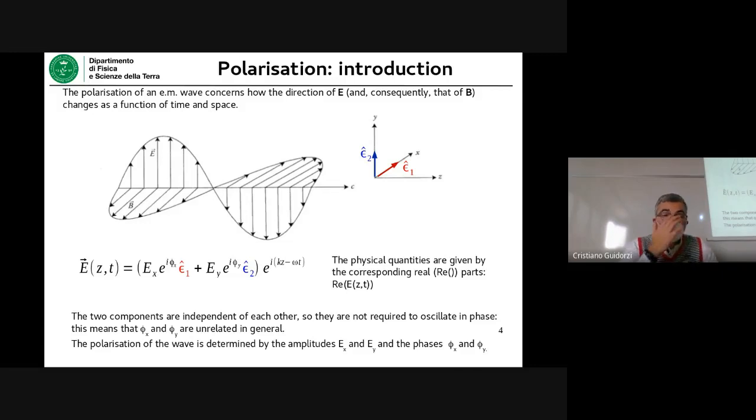And when there are some preferred directions along which the electric field mostly oscillates, then we speak in terms of a partially polarized wave. And we will see now, our goal is to explore how the polarization depends on both amplitudes and relative phases.